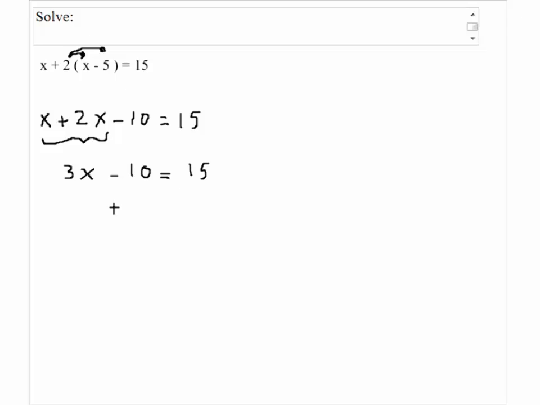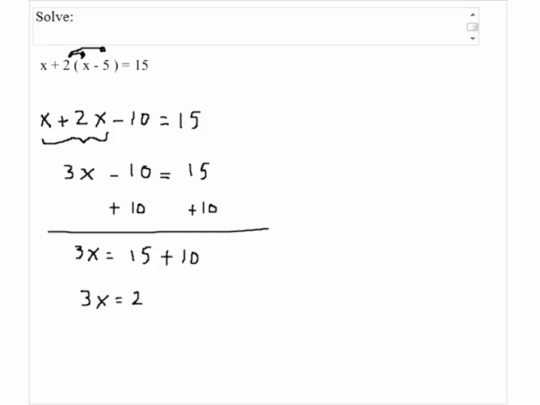We add 10 to both sides of the equation to isolate x. So I would get 3x is equal to 15 plus 10. So we have 3x is equal to 25.